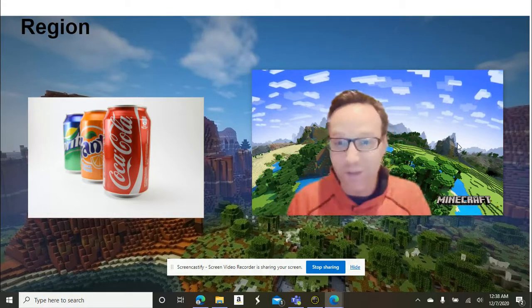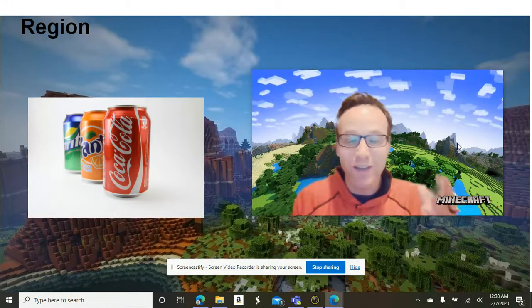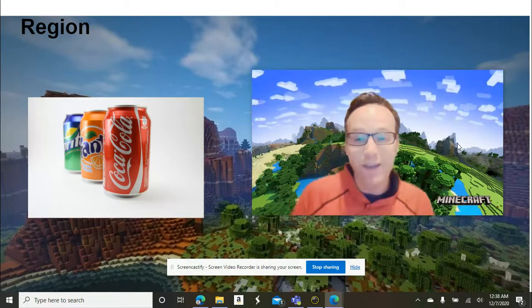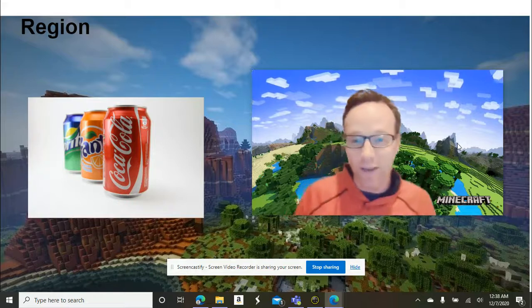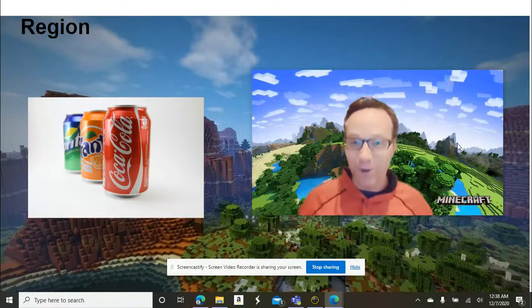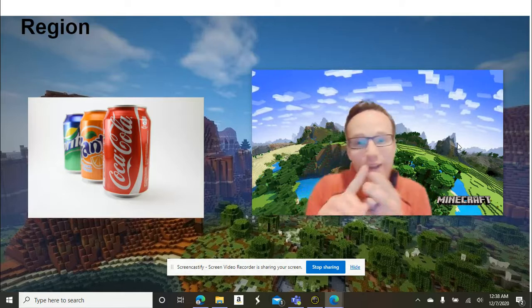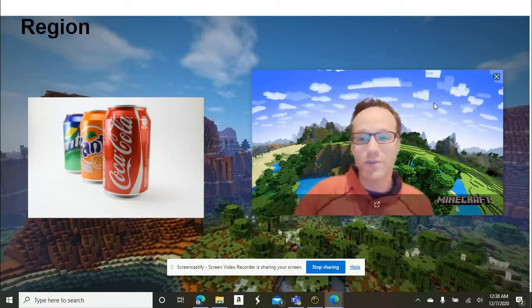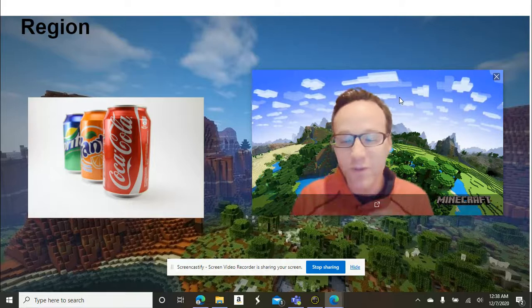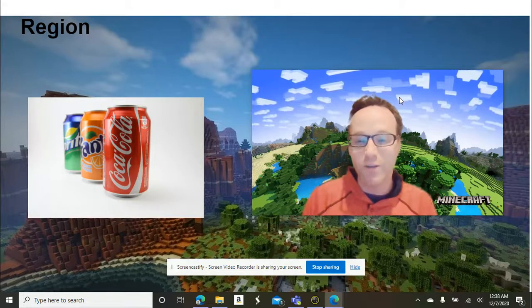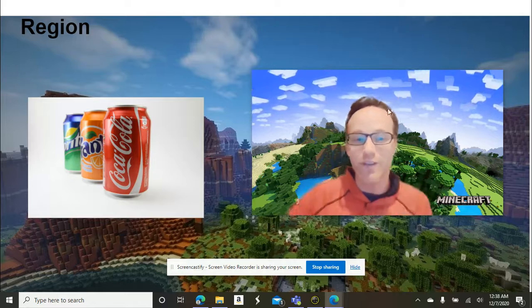That means all of them could be called cokes. They all could be called pop. They all could be called soda. And so the culture and the language within that culture also can go into defining a region. So again, movement and region are two of the things that we have now talked about in terms of vocabulary for this week and the vocabulary that goes along with the five themes of geography.